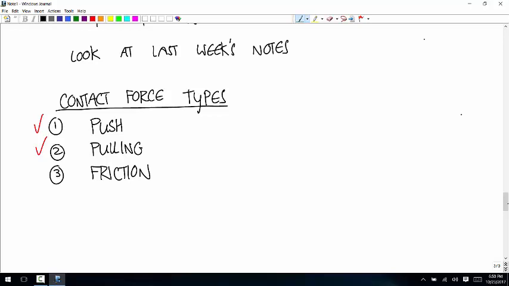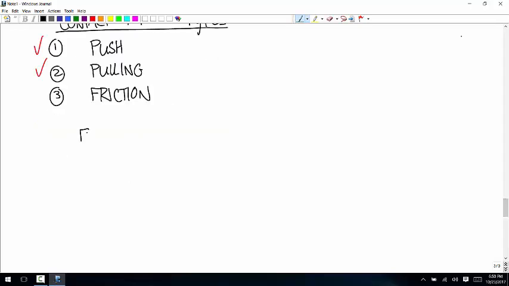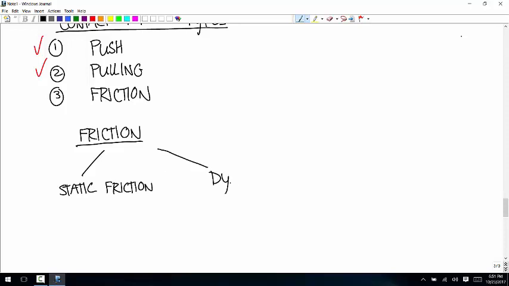Okay, so friction. There's two types of friction. There's what's called static friction and dynamic friction.